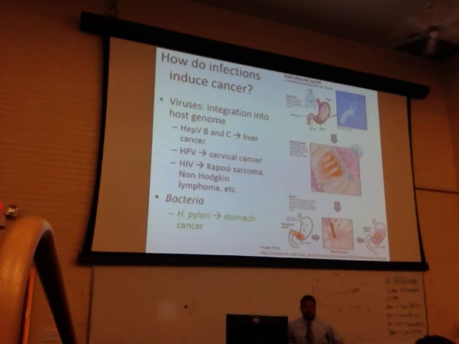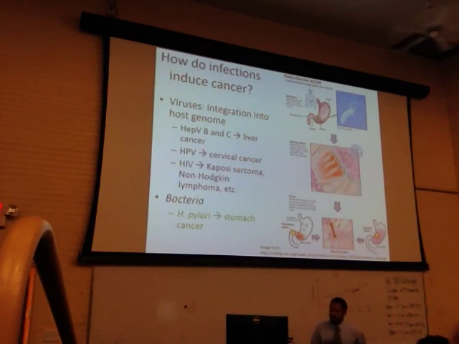HPV, right? This is human papillomavirus. Patients that have HPV are at higher risk of developing cervical cancer. HIV patients, Kaposi sarcomas, and non-Hodgkin lymphomas are the uptick in the increased risk for these patients.